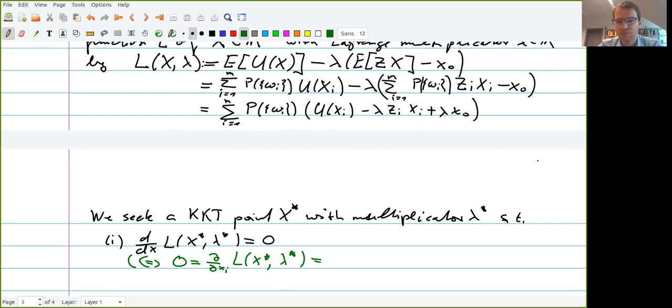So all the summands disappear except the i-th one, and then for the i-th one I have the factor, the probability that omega i appears, multiplied with, well, u depends on xi, so I have to take the derivative of u. I have my point x star i, and now, well, the initial value disappears, but I still have minus lambda zi xi.